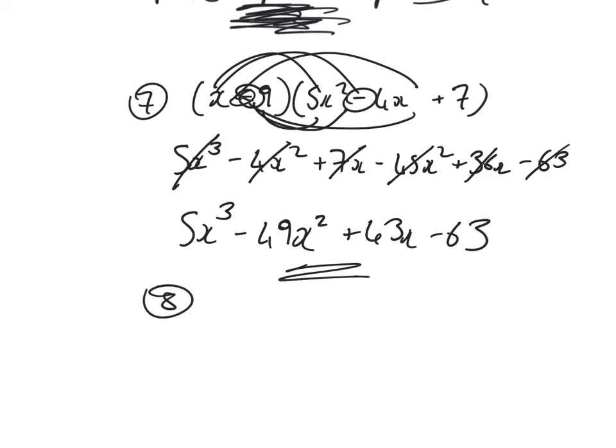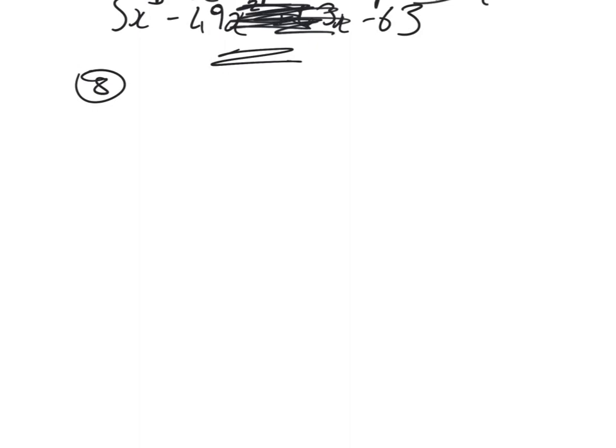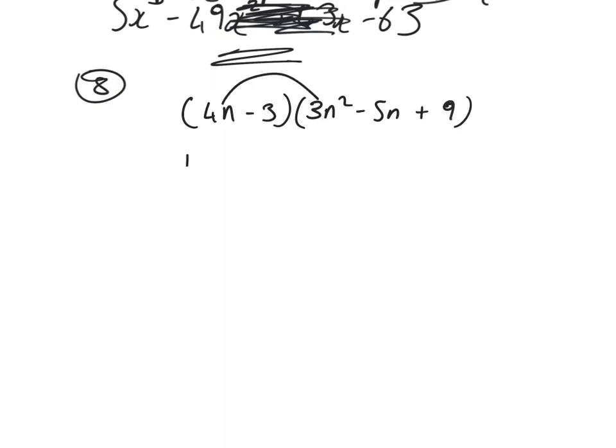Okay, let's take down example 8. Example 8. 4n minus 3 bracket 3n squared minus 5n plus 9. Okay, 4n times 3n squared, 12n cubed. 4n times minus 5n, minus 20n squared. 4n times 9, 36n.